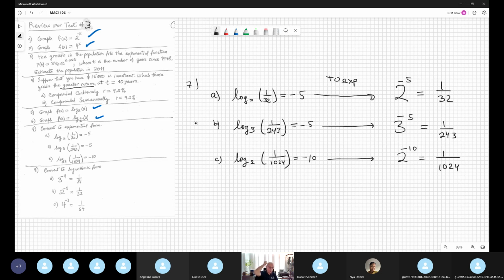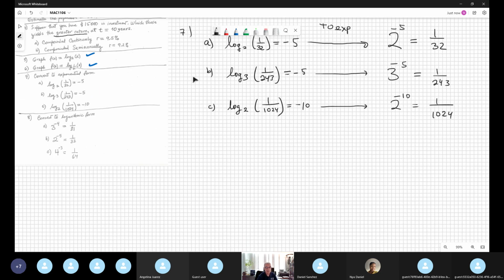Are you clear on the conversion from logarithmic statement to exponential statement? Yes. Cool. Let's move backward. Now in question 8, we have 3 parts, ABC again, but they are giving the exponential.